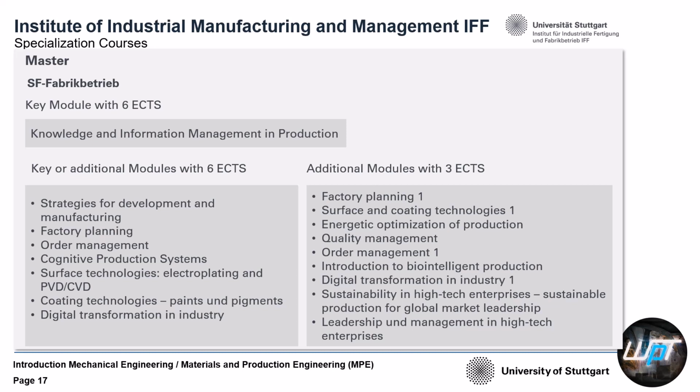Thomas is also coming from industry, so he's teaching these lectures with 6 ECTS, and his co-workers, who are group leaders and so on, go into more detail. They subdivided the huge field of factory planning and factory organization into lectures in factory planning 1 and 2.